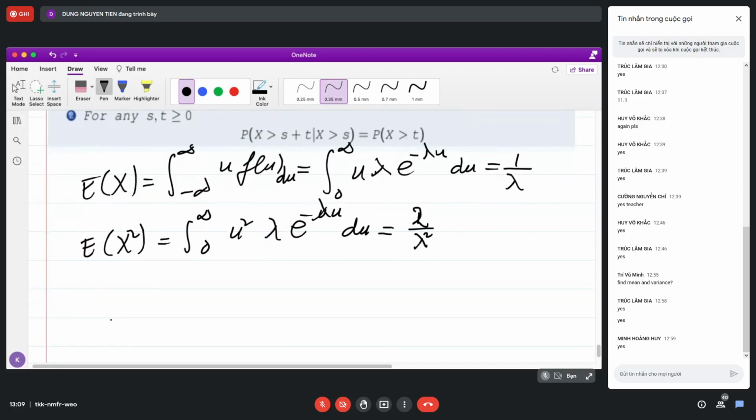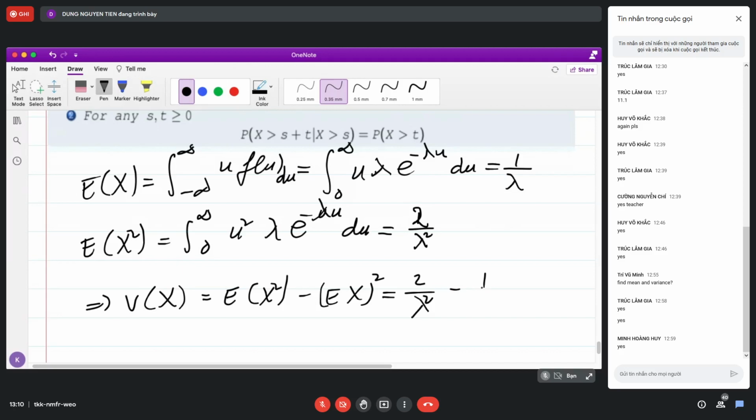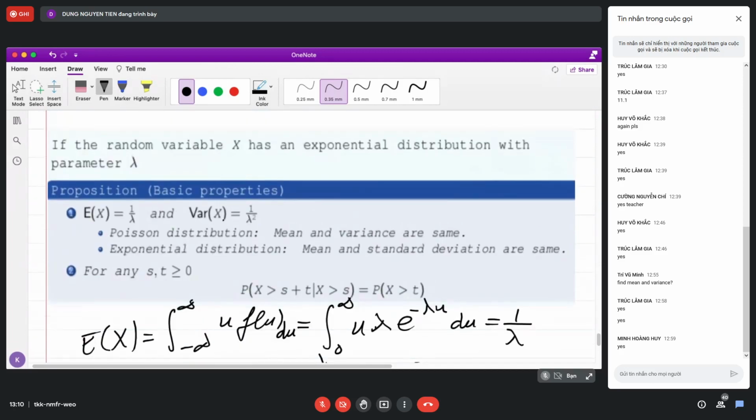Okay, and then you can conclude that the variance of x is the mean of x squared minus the square of the mean of x, right? And then you get 2 over lambda squared minus 1 over lambda squared, and you get 1 over lambda squared for the variance of x. So the variance of x is 1 over lambda squared, and then the standard deviation of x is the square root of the variance.